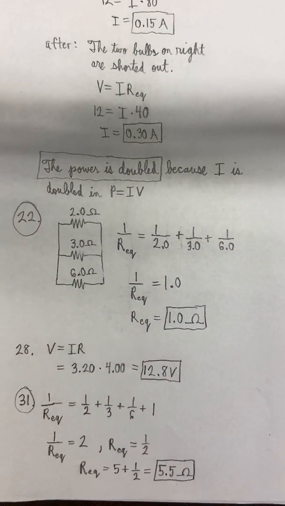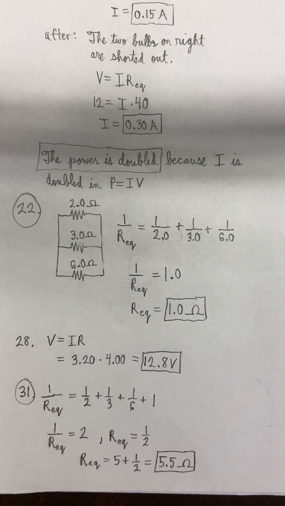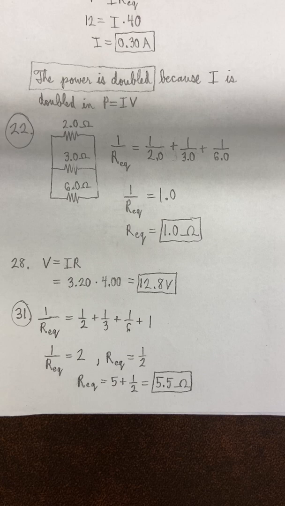So 22 is asking for the equivalent resistance. And since these resistors are all in parallel, we do 1 over Rec equals 1 over 2.0 plus 1 over 3.0 plus 1 over 6.0. And the equivalent resistance is 1.0 ohms. In 31, similar problem, 1 over Rec equals 1/2 plus 1/3 plus 1/6.